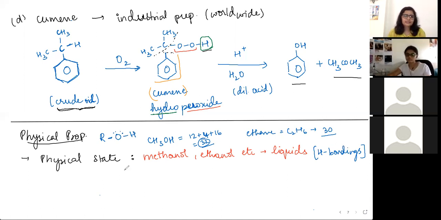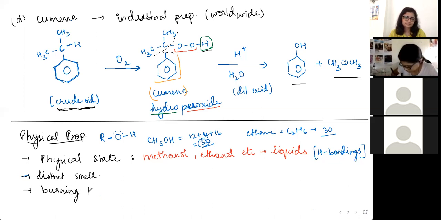Another thing is that they have an extremely distinct smell. They're not aromatic, but they do have an aroma. The alcohol has a smell. They also have a distinct taste, described as a burning taste in the book. It burns. So these are the lower alcohols.